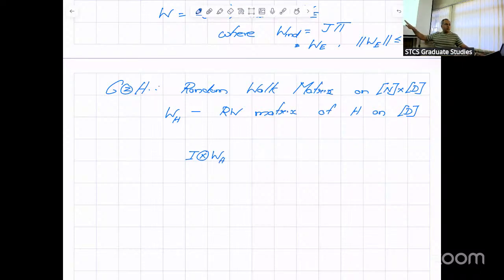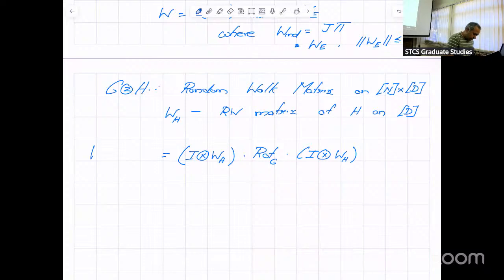The next step is just applying the matrix Rot G. And the next step is once again I tensor W H. So I claim the random walk for G Z H is exactly this operation.